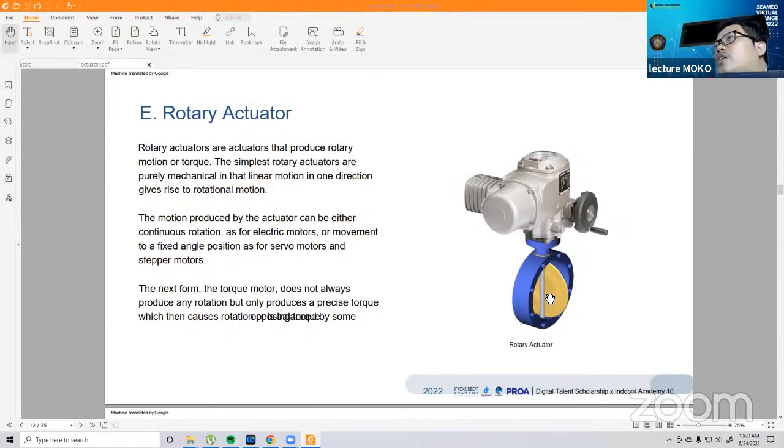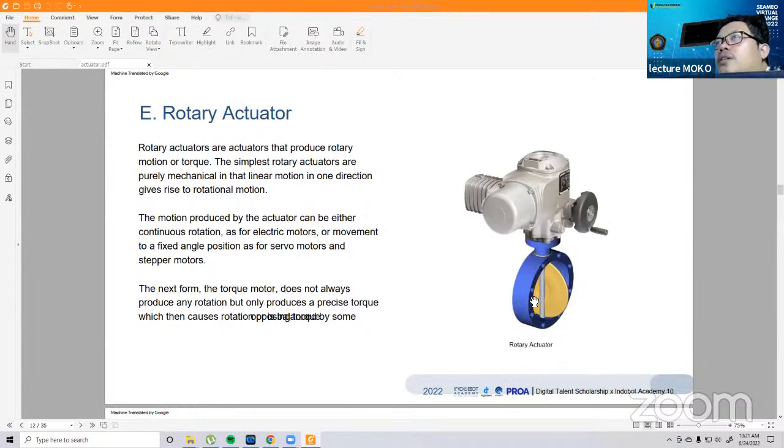Not only two conditions, but we can control by ourselves how much this gate will be open, because in some industrial processes, sometimes we need to open just 30 degree, and sometimes we also need to open just 60 degree or 50%, or we want to open 100%.